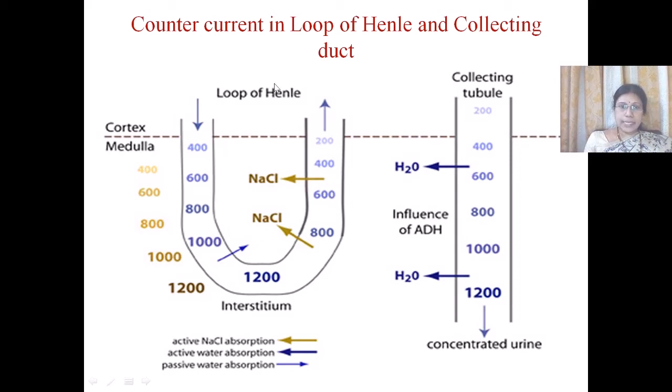The counter current systems which establish concentration gradients with the expense of energy are called counter current multiplier systems. This system forms hypertonic urine with the help of the juxtamedullary nephrons, which extend up to the inner medullary region.